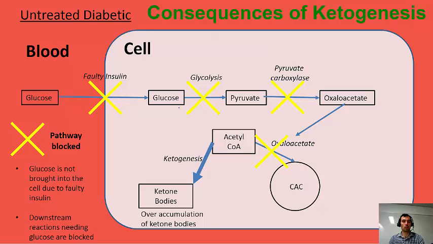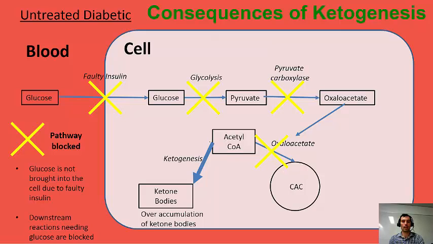If the glucose does not enter the cell, then there's no glycolysis, so no conversion of glucose to pyruvate. And because there was no glucose converted to pyruvate, we then don't have any pyruvate to make oxaloacetate. Without oxaloacetate, acetyl-CoA cannot enter the citric acid cycle, because oxaloacetate and acetyl-CoA combine together to make citrate in the first step.